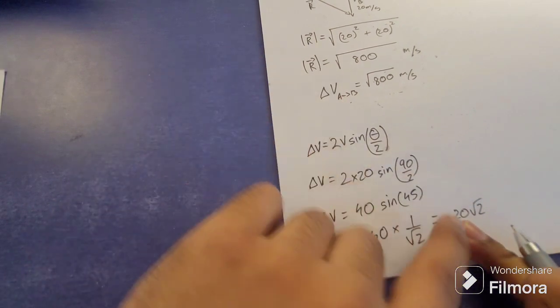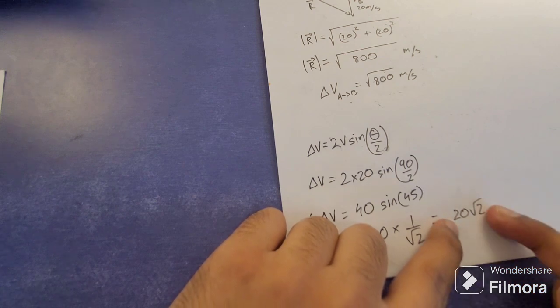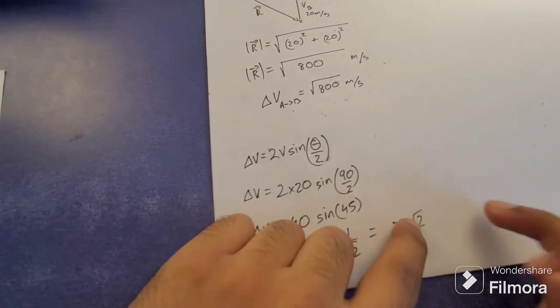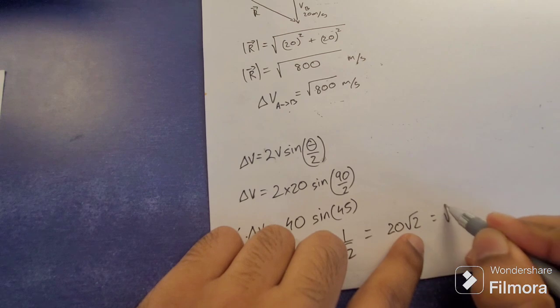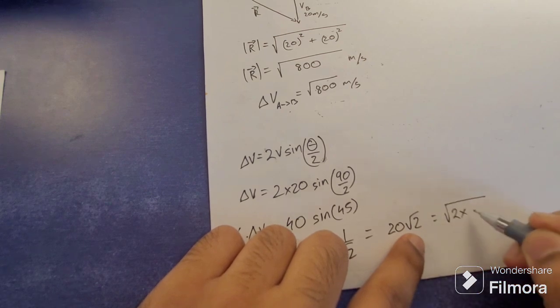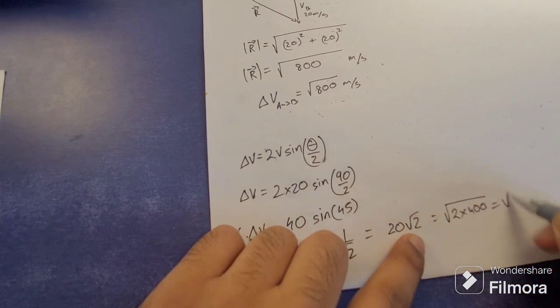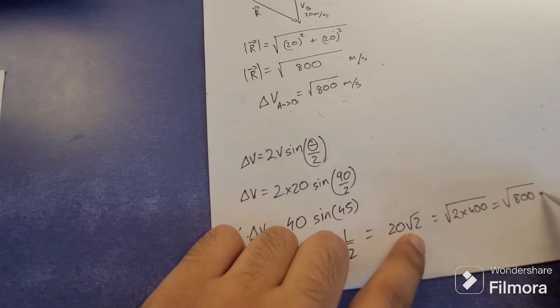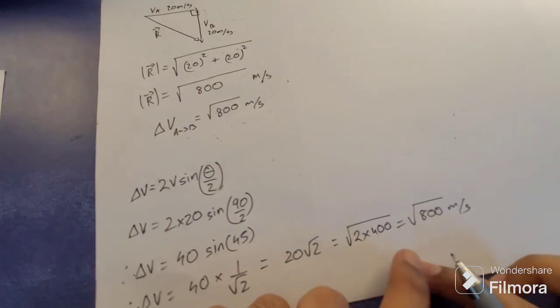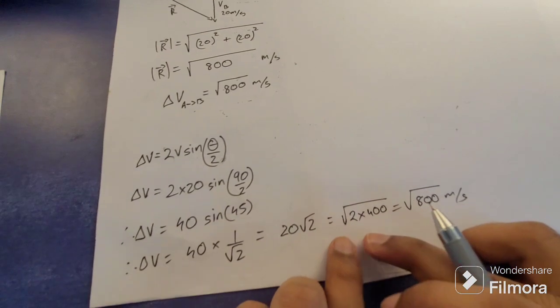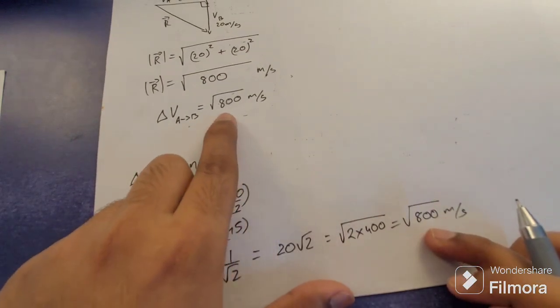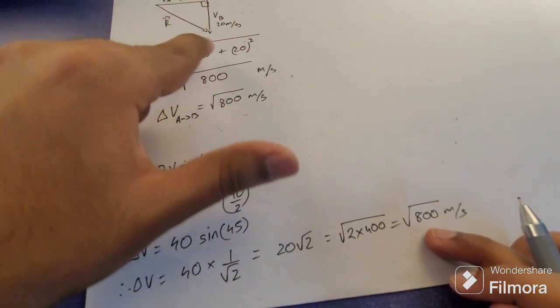Now, if we shift this 20 inside the square root sign, we will get the following result. As you can see, we again arrive at the same result as we did when we used the proper method.